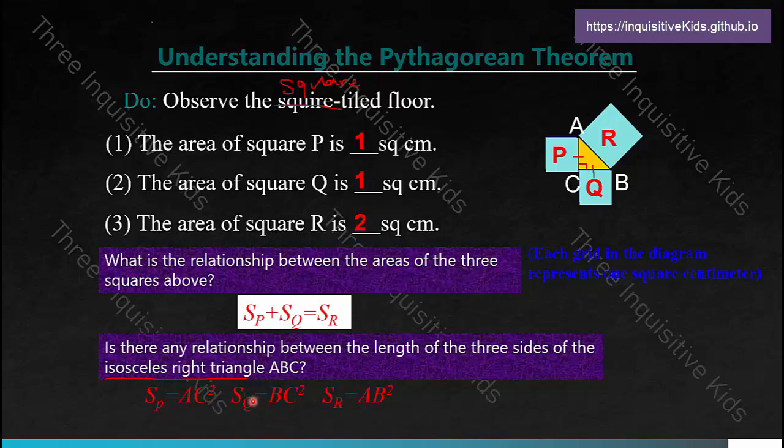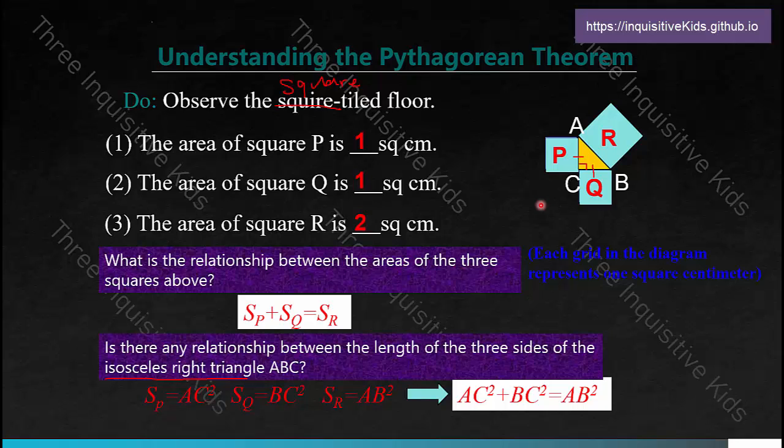The area of square Q is BC squared, and the area of square R is AB squared, as you can see. So AC squared plus BC squared equals AB squared. And this is true because AC squared, which is P, that's 1, plus BC squared, that's 1 as well, added together is equal to 2 square centimeters, which is the area of square R.